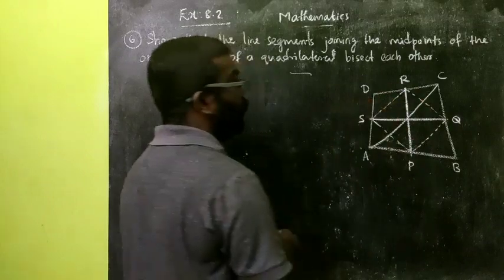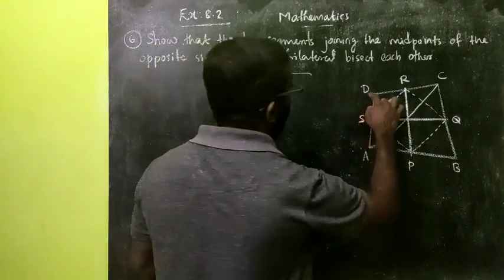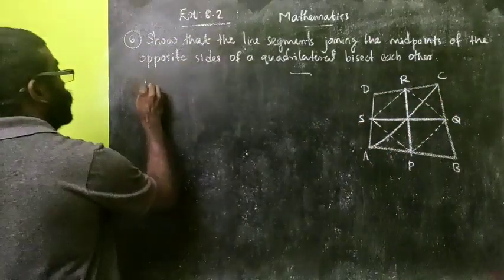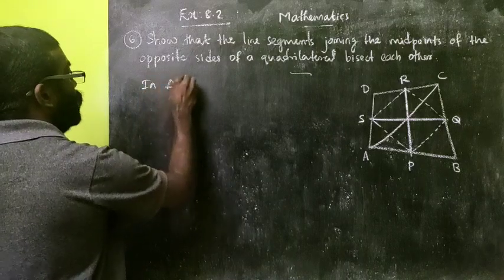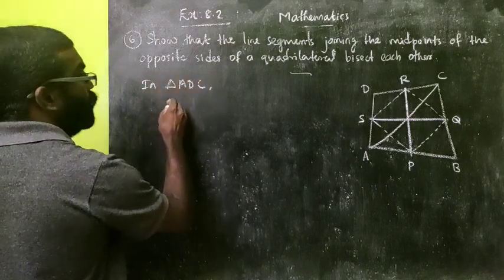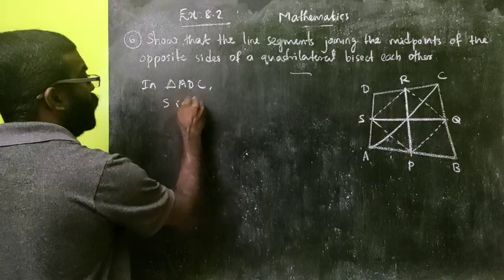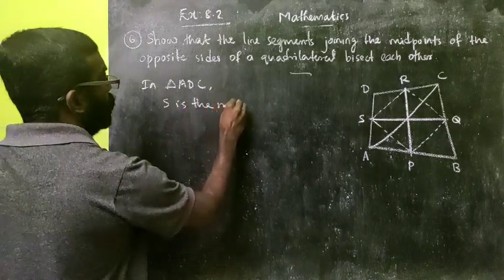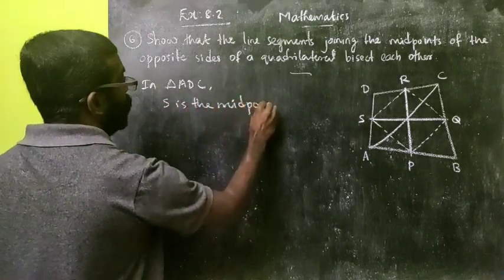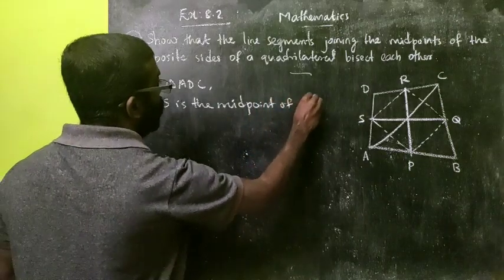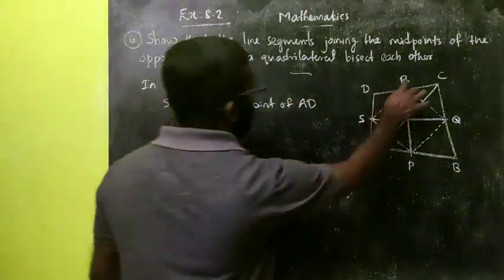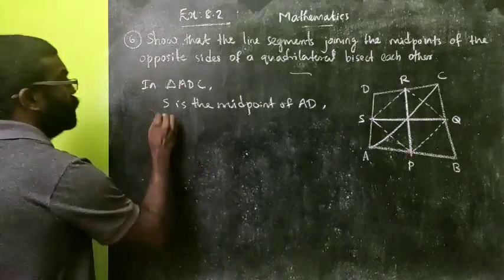PQRS is a parallelogram. For that we can consider triangle ADC. So in triangle ADC, what we can write, S is the midpoint of AD. Then R is the midpoint of DC.